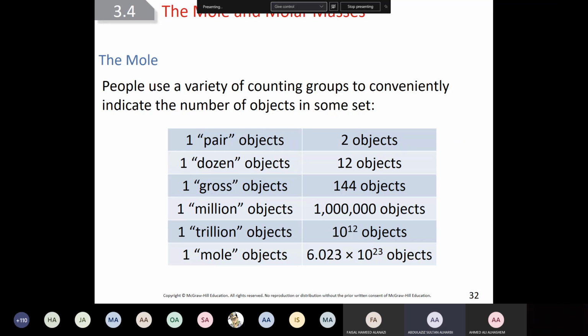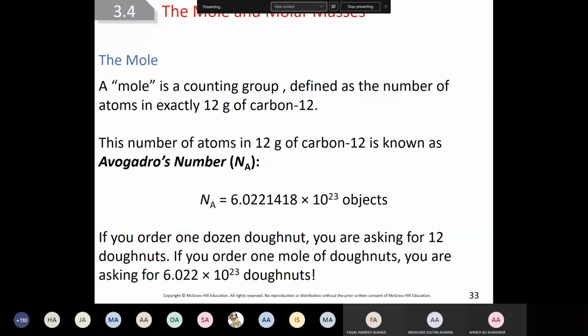Okay. Now, I will define something extremely important: the mole. And the mole is a very easy number. The first definition of the mole is that it is Avogadro's number.